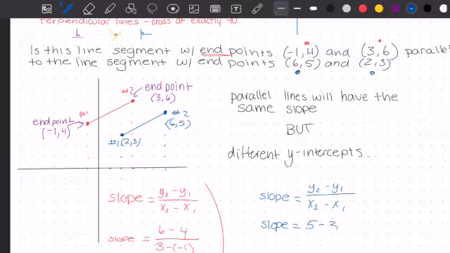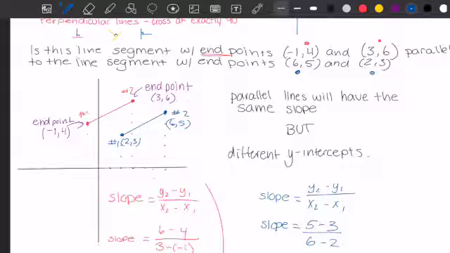So 5 minus 3. And then my x2 is 6, and my x1 is 2, over 6 minus 2. Okay, so then the slope for this one equals 2 over 4 or 1/2.